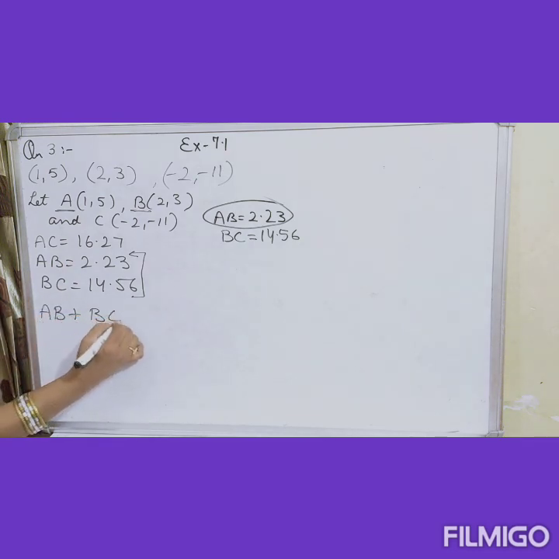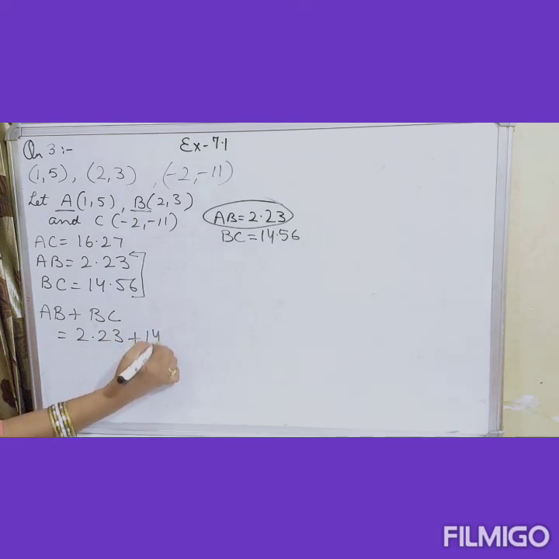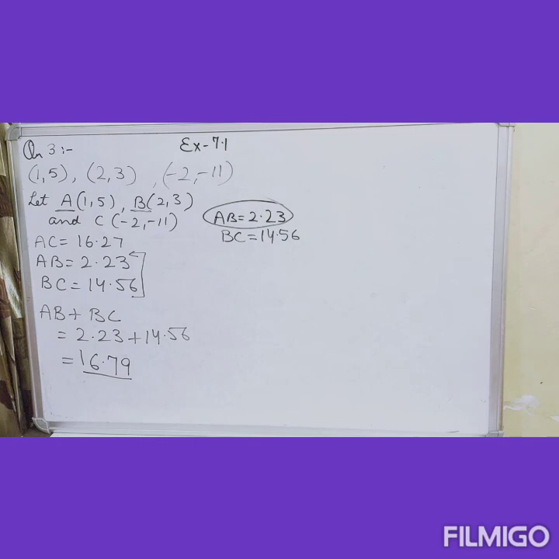AB plus BC, 2.23 plus 14.56. Let us check that. 3 plus 6 is 9. 5 plus 2 is 7, and 6 and 1. This is 16.79, but it is not equal to AC, which is 16.27. So are you getting this point?